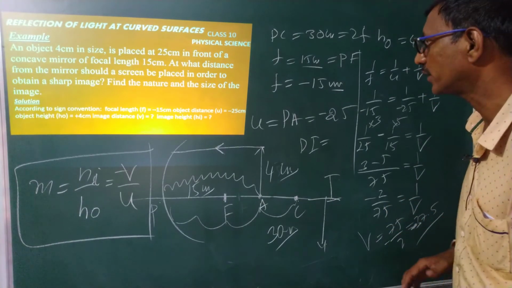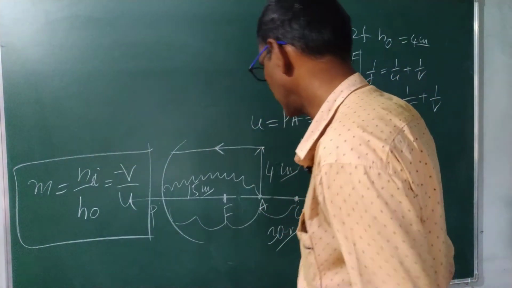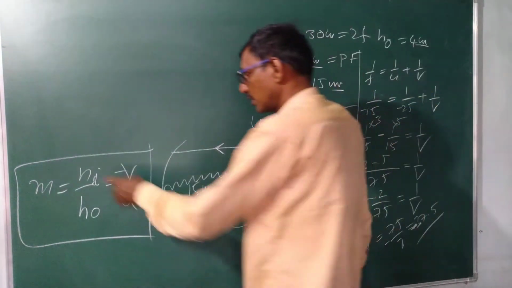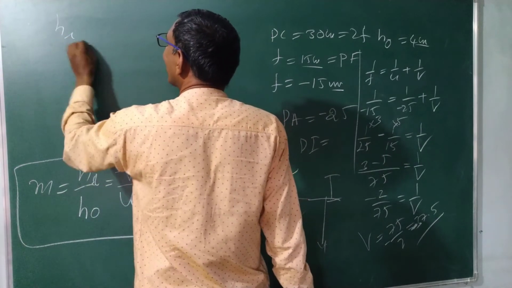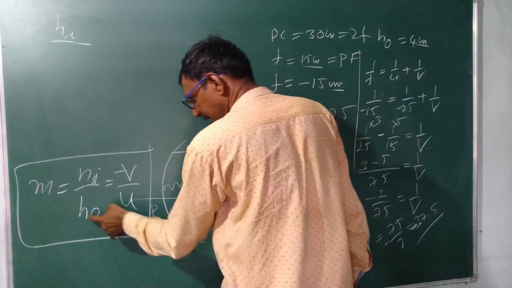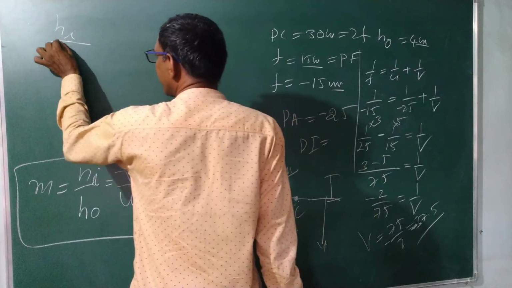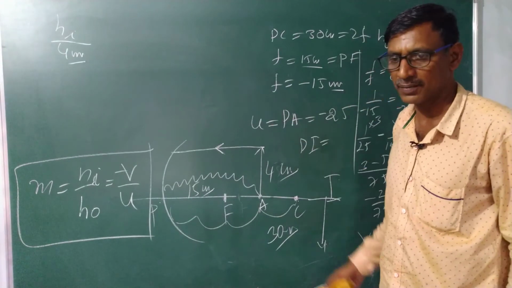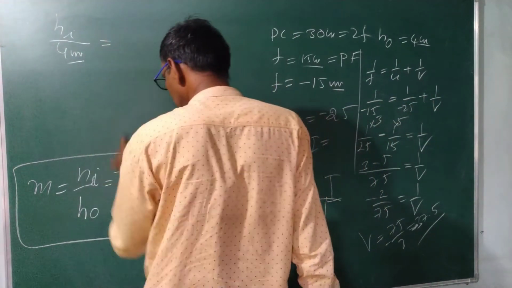I would like to do it here. Okay. So hi, I would like to write as it is. ho means height of the object. I know it is 4 centimeter, it is positive. I already explained, away from the principal axis is equal to minus.